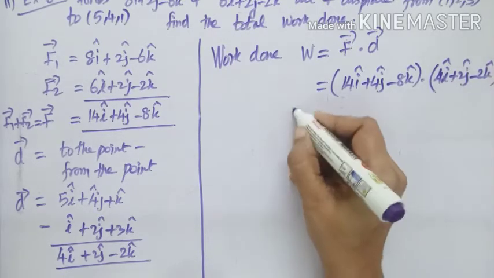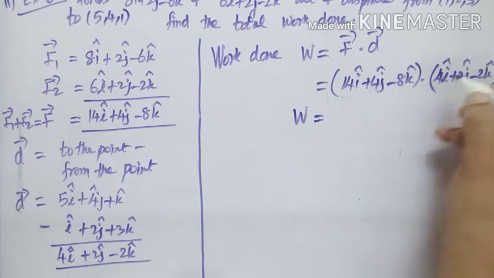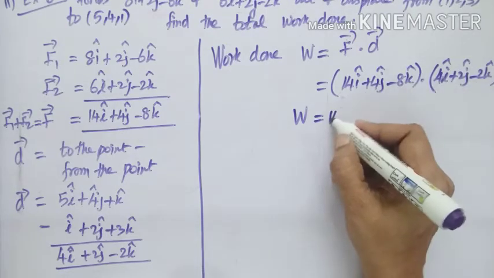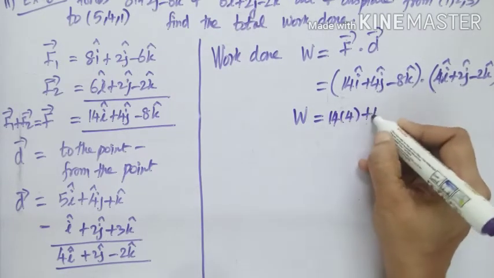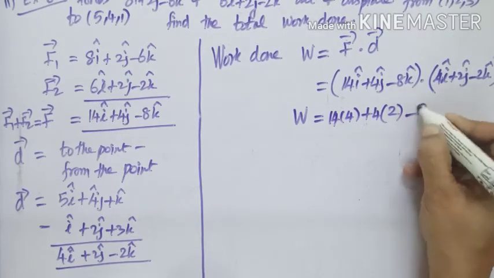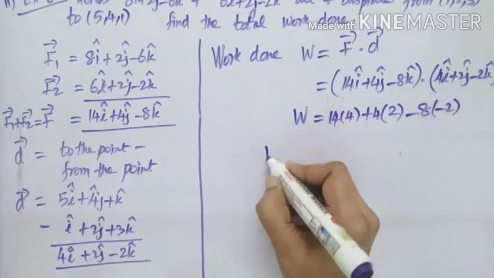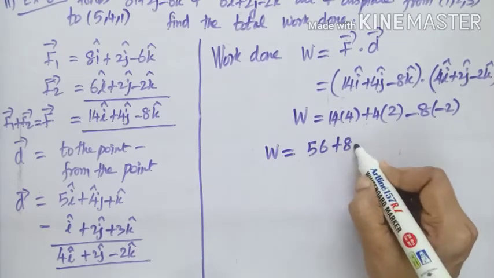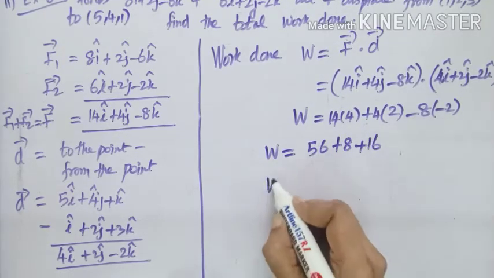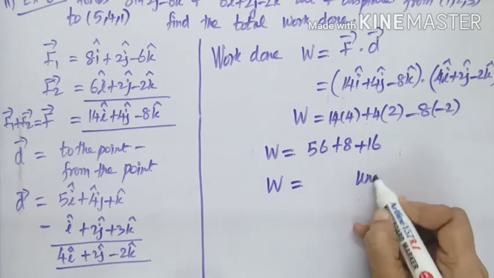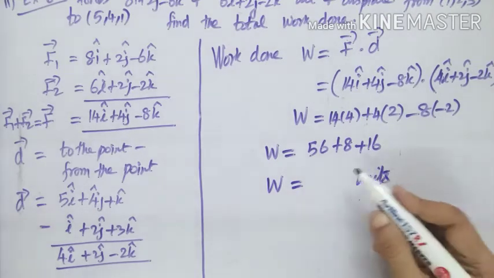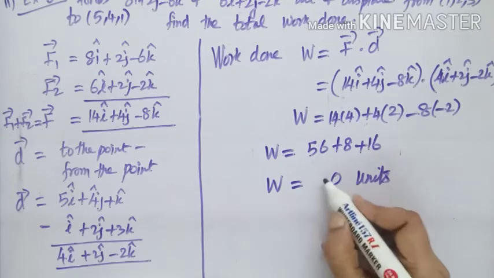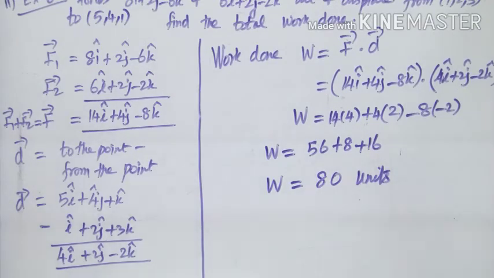Dot product means i and i, j and j, k and k. 14 into 4, 4 into 2, minus 8 into minus 2. So work done is 56 plus 8 plus 16. Whatever answer you get, write it with units. So we get 80 units as the work done.